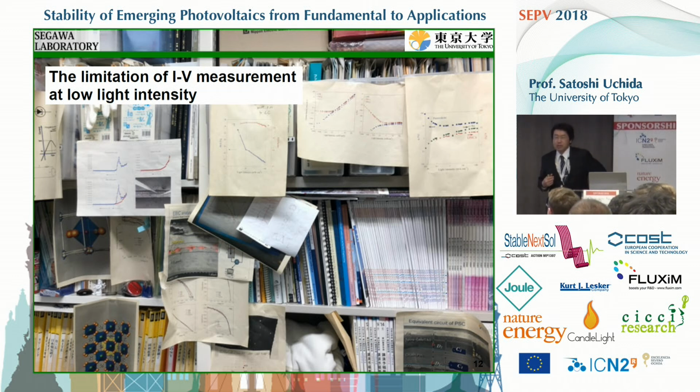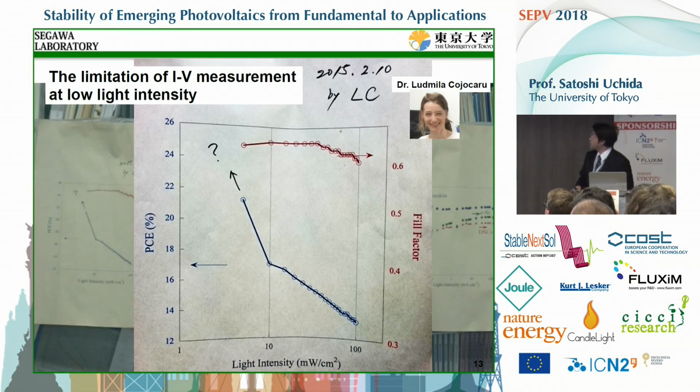Okay, this is my desk. A bit complicated. I always keep the report from my colleague, Ludmila. It was already 3 years ago, February 10th, 2015, when she showed that normally 1 sun is 100 milliwatt per square centimeter.